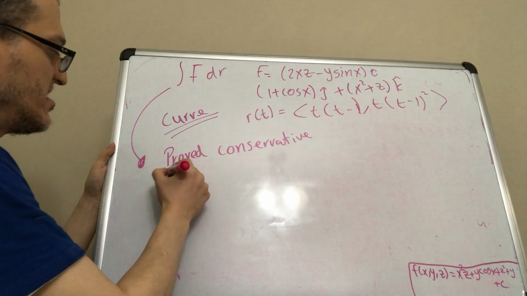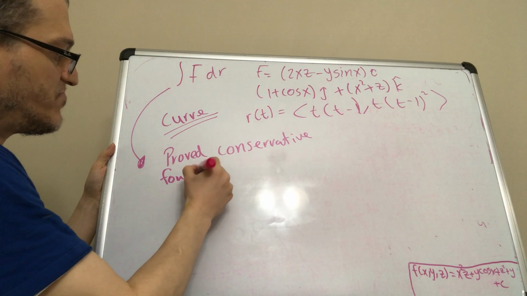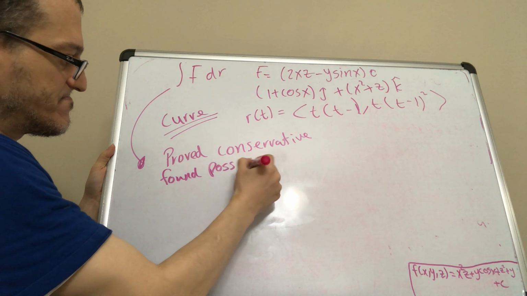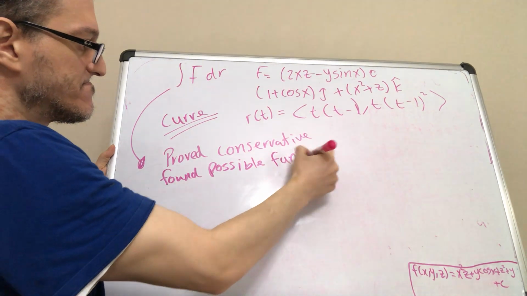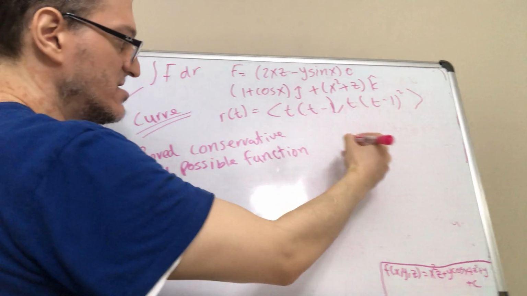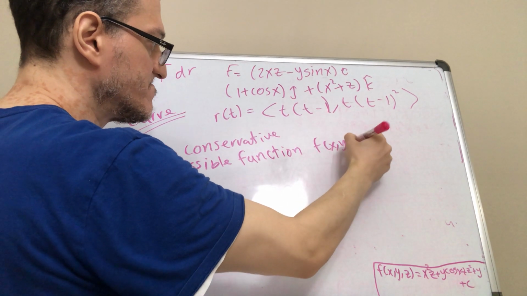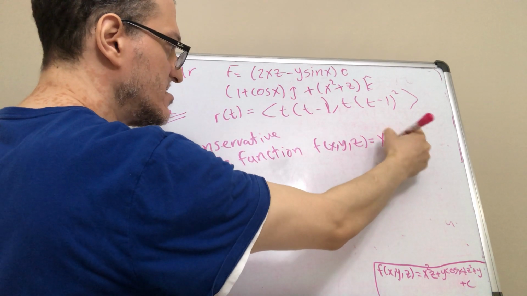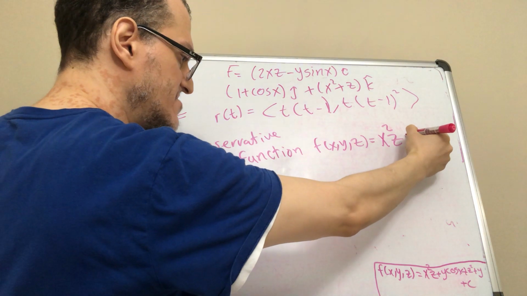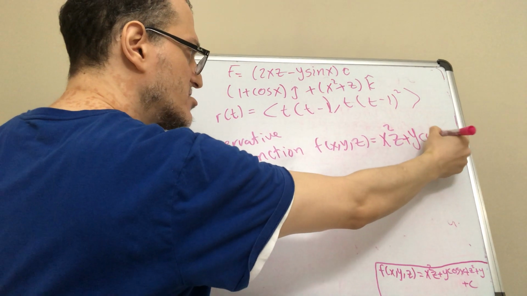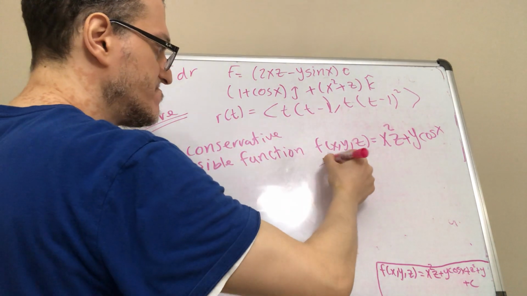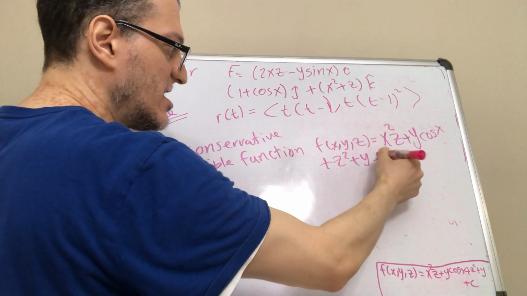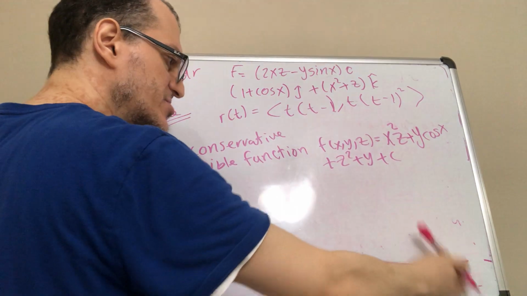What else? We found the potential function, and it was x squared z, cosine x, z squared and y plus a constant, and that's what I wrote here.